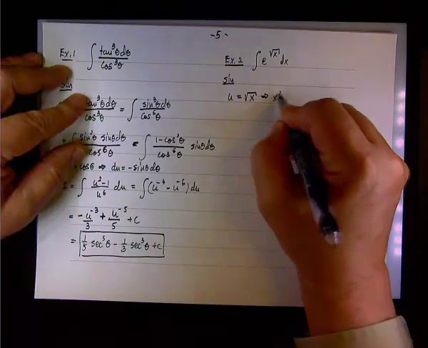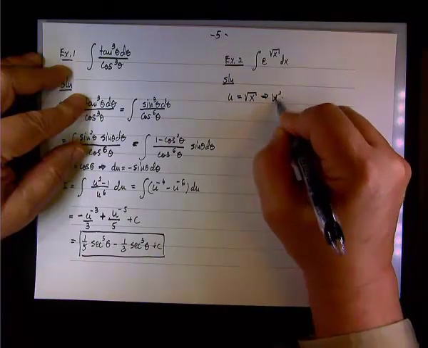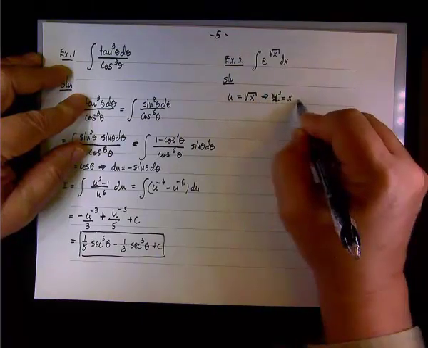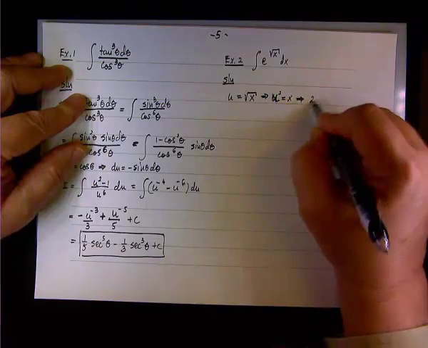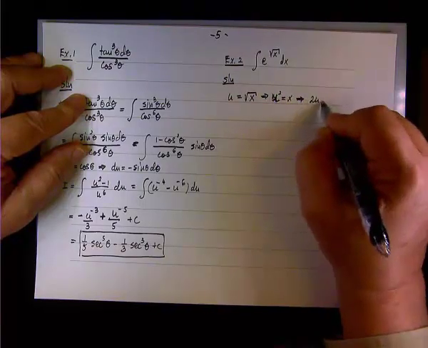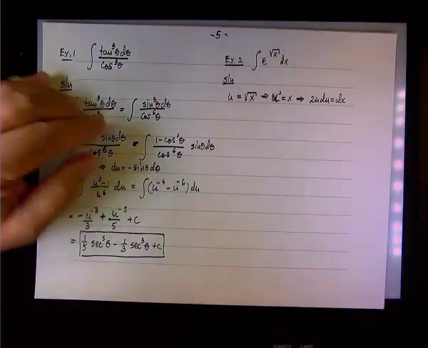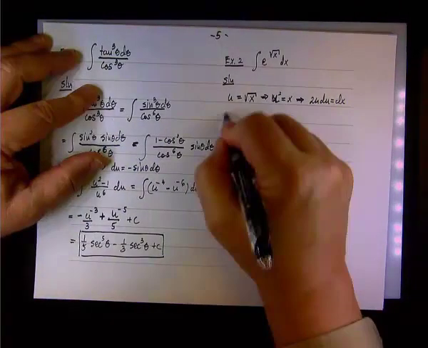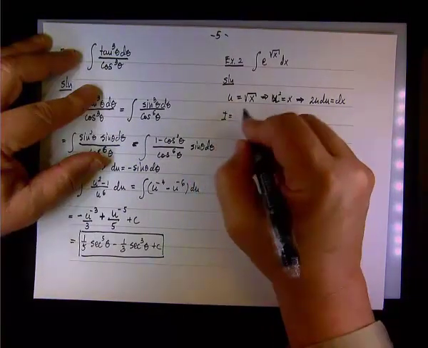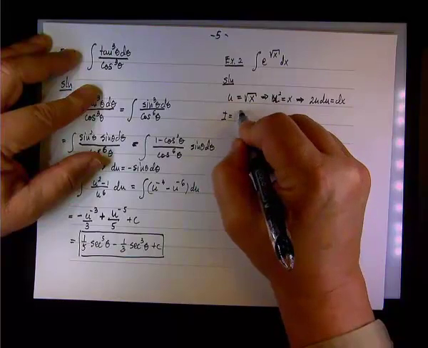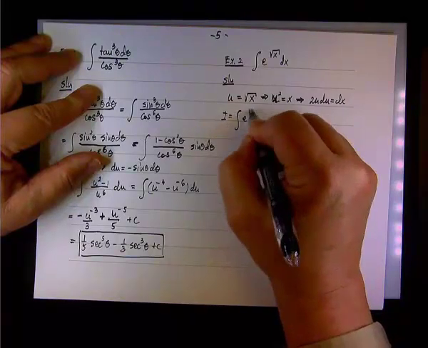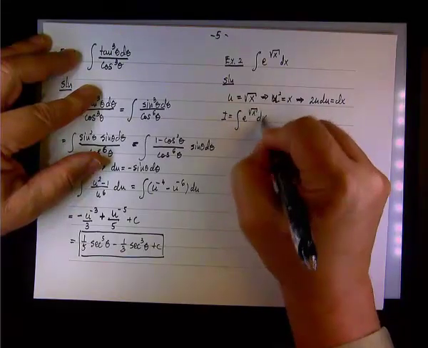therefore u squared equals x, and therefore 2u du equals dx. Clear? So now the integral of e to the square root of x dx.